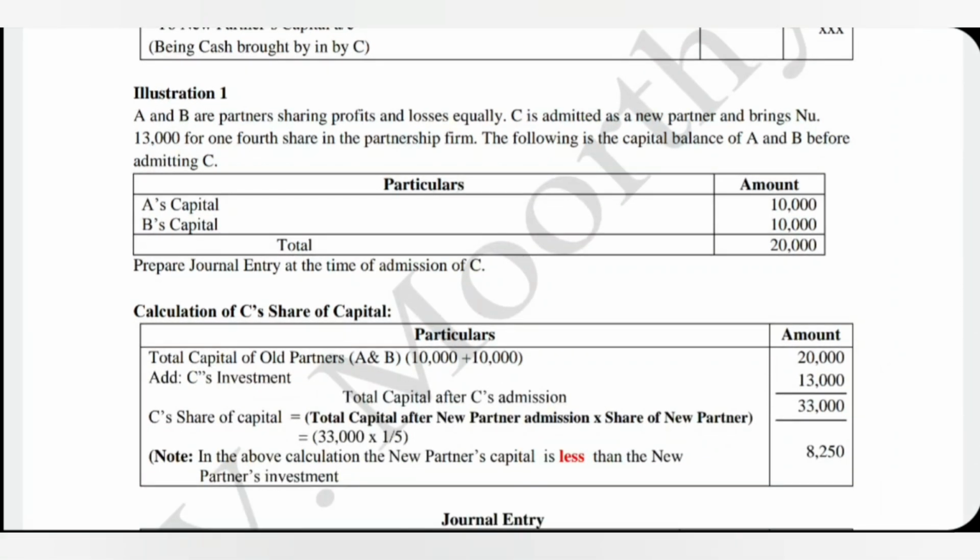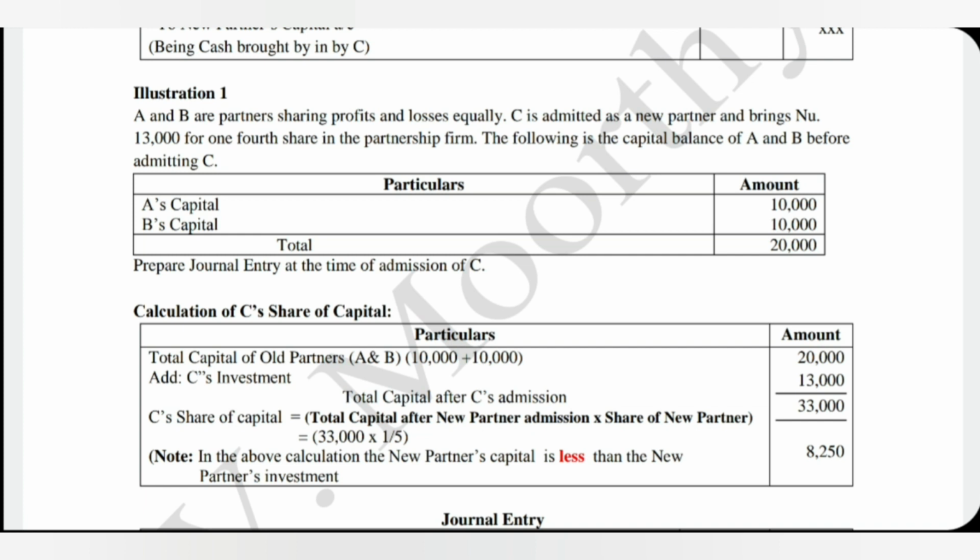When you want to make the journal entry, you have to know the new partner's capital. How to find out the new partner's share of capital? So total capital of A and B put together is 10,000 plus 10,000, 20,000. C's investment is 13,000. The total capital after C's admission is 33,000. C's share of capital equals total capital after the new partner's admission times the share of the new partner.